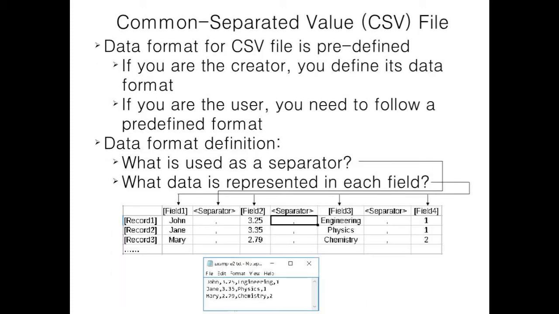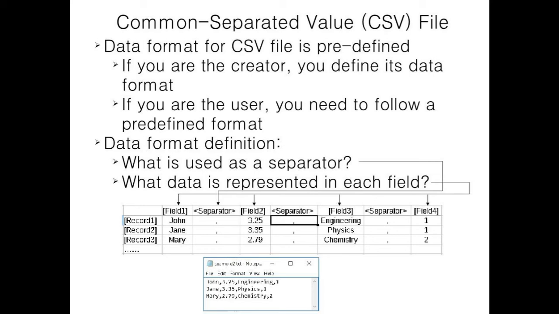As we said, each CSV file is predefined with two things: a separator, and which field is representing what data. So if you are a programmer and you want to store your data in a CSV file, you want to define two things. What do you use as a separator?